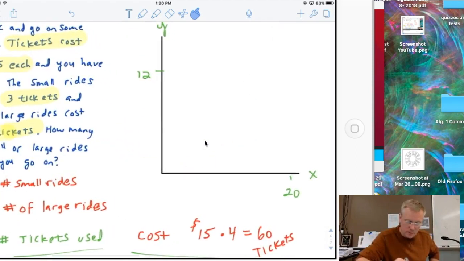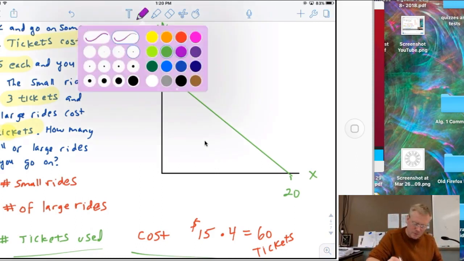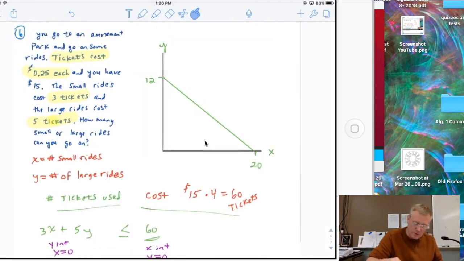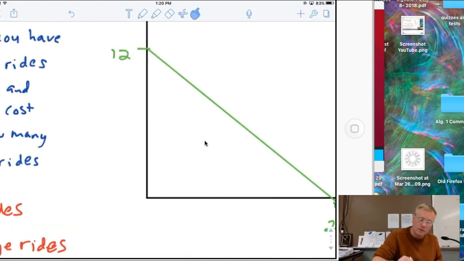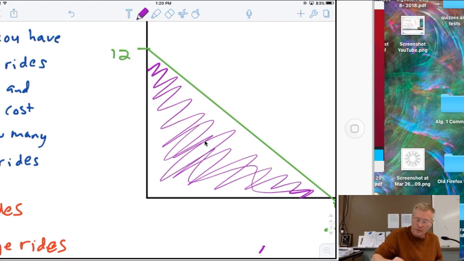And let's see, if you're going to draw a line, the beautiful thing about that is once you've got the x-intercept and the y-intercept, you can just connect the 2 points and voila, I have a line. Now, you don't always use every single ticket at the fair, which means you're going to be using any point under here will be a solution.